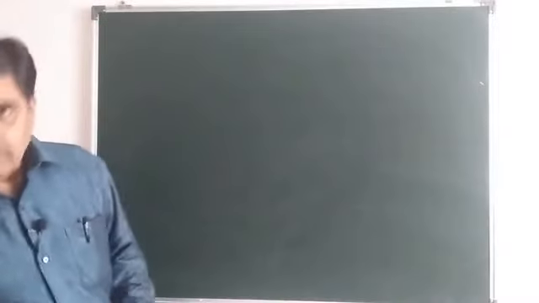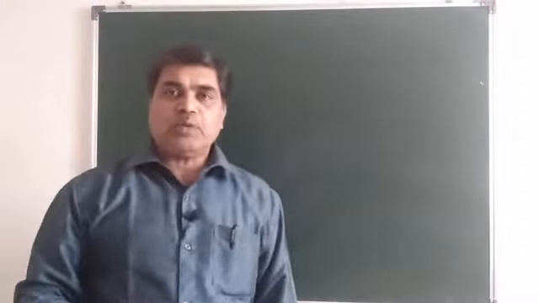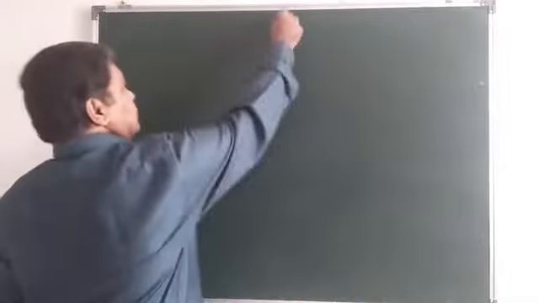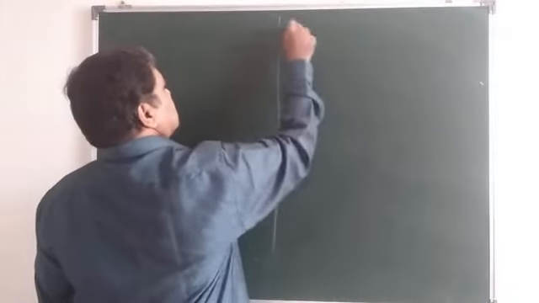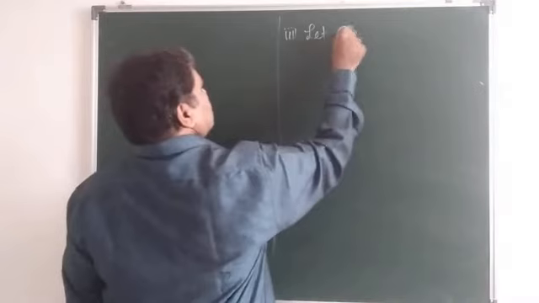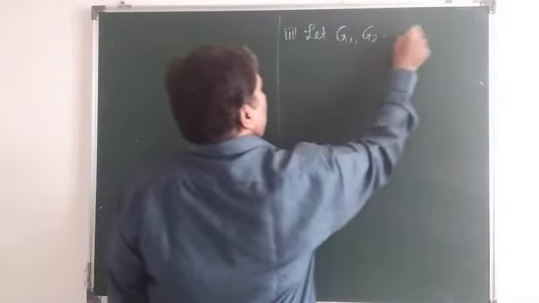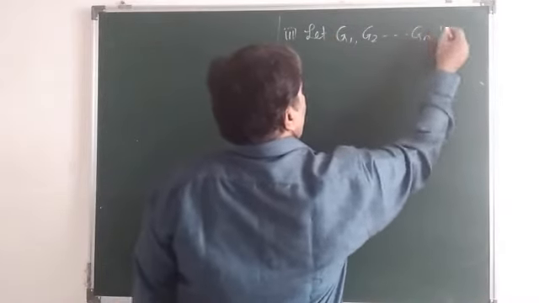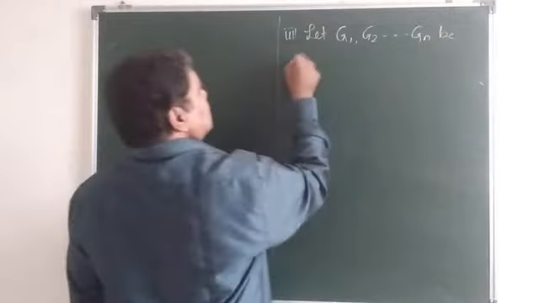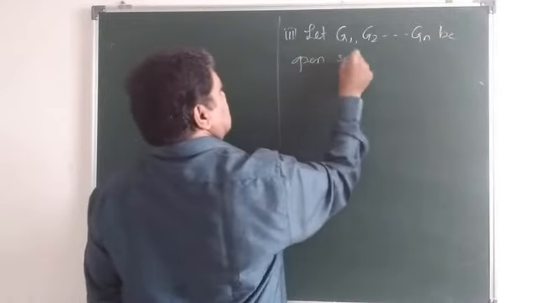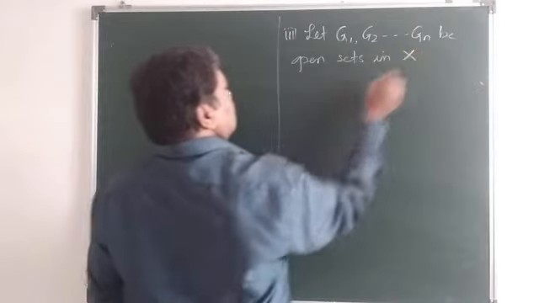Now we have to prove that the intersection of a finite number of open sets is open. Third, let G1, G2, up to Gn be open sets in X. What is your claim?